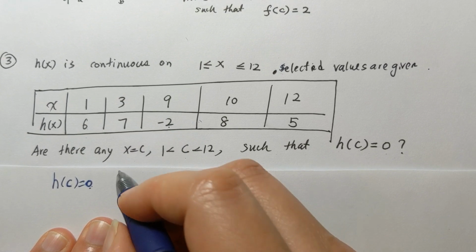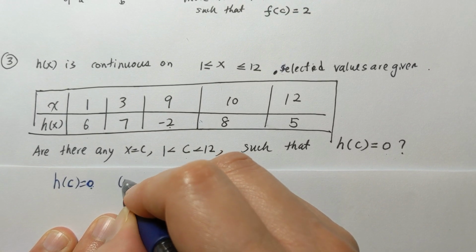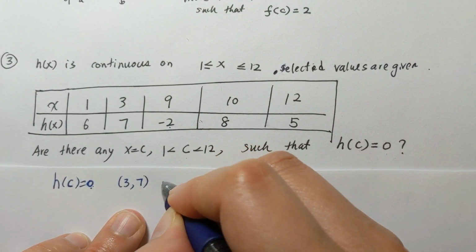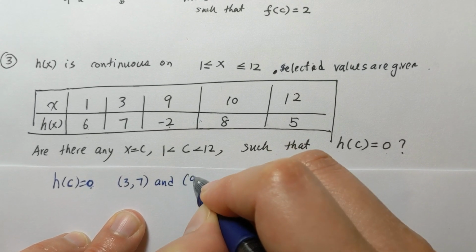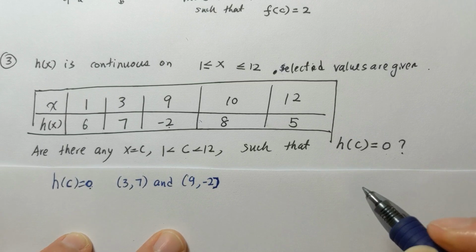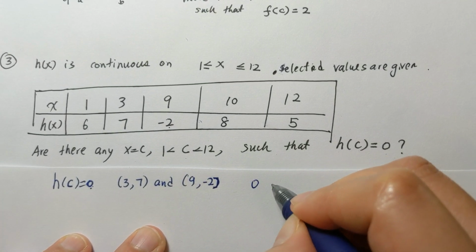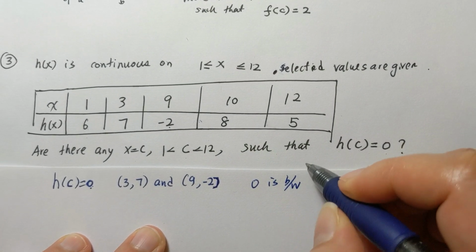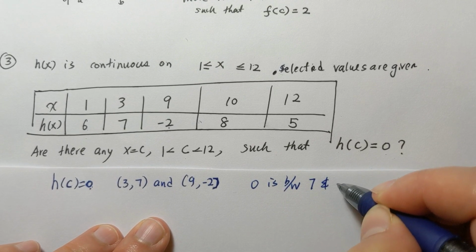So now we have 2 points: 3 comma 7 and 9 comma -2. Then we say that 0 is between 7 and -2.